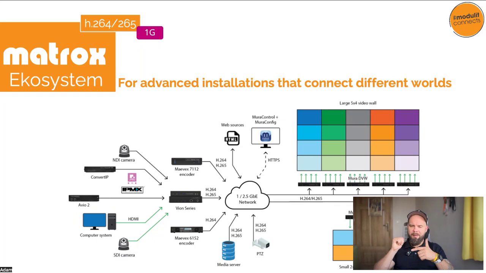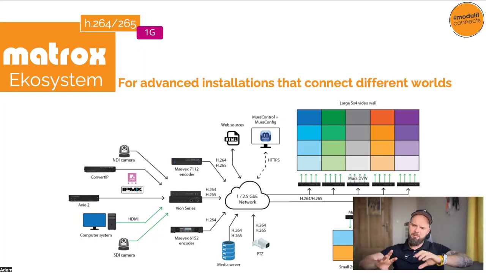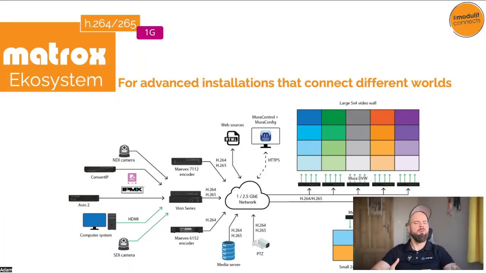An HDMI signal we can connect, an SDI camera we can connect, and we can translate all those signals into an H.264/265 stream, and then, for example, connect it with MEVEX decoders or Mura DVW solutions to show it all over the world. All over the world, the video wall, of course. So you see the projects we can achieve with that. It's a very nice ecosystem coming from one manufacturer.